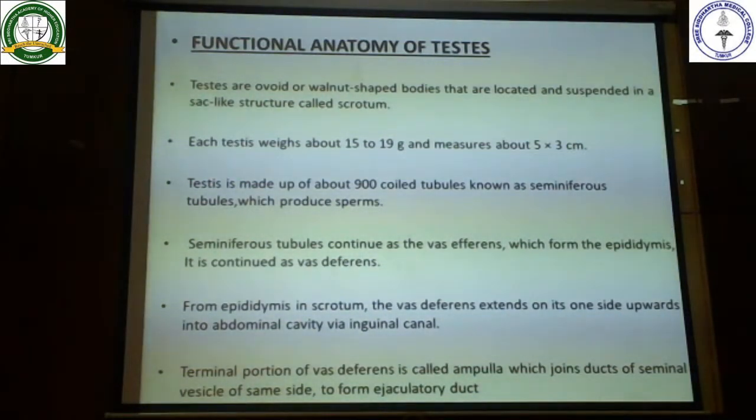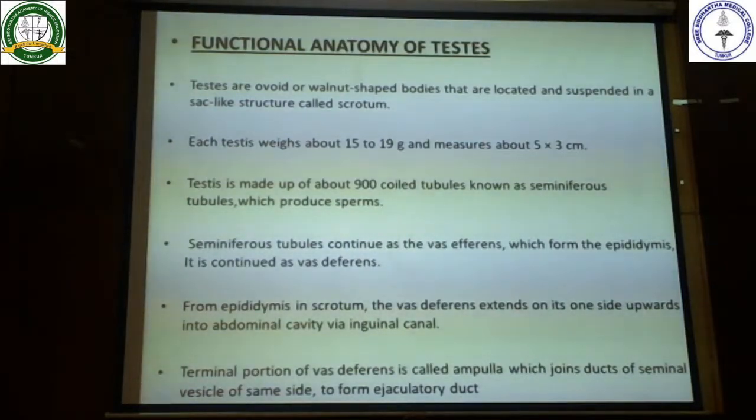Whenever you are talking about a single male gonad, it has to be testis, and whenever you are talking about a pair, it becomes testes, because it's a common mistake which students usually make. Not only students, even sometimes we tend to make this mistake, so I am stressing this point. The last two letters IS are for singular and ES for plural.